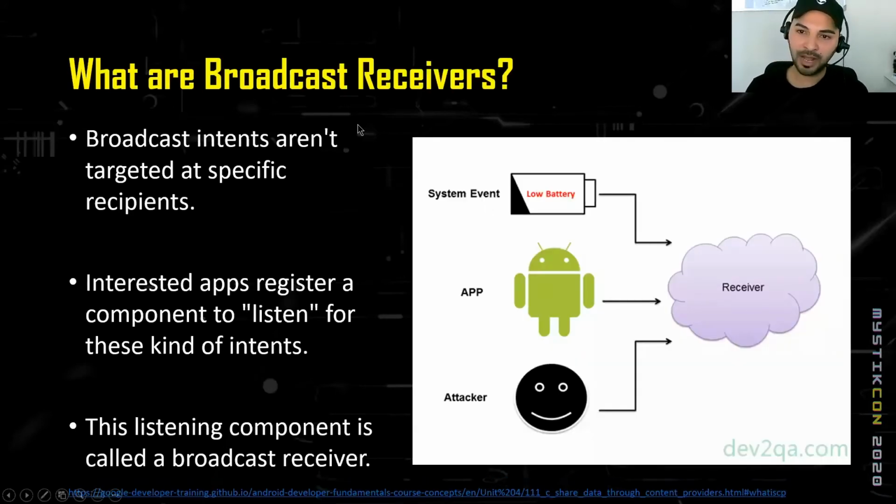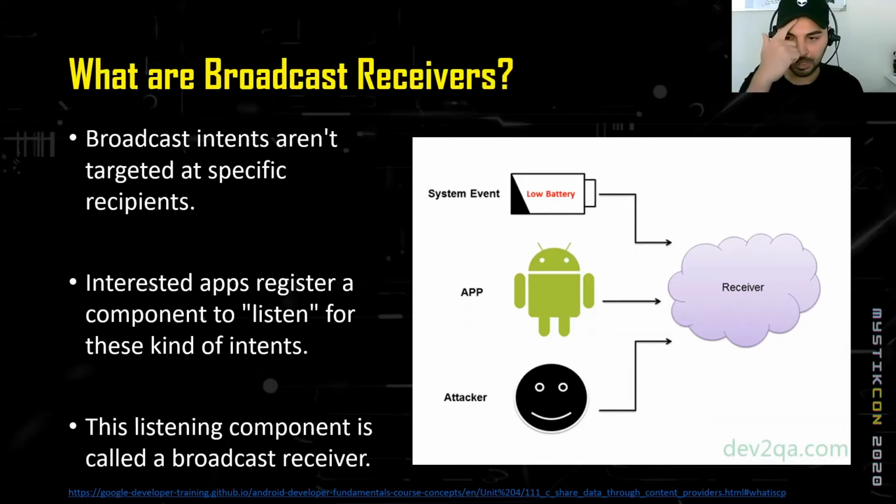Okay, broadcast receivers. You may have heard me talk about broadcast receivers as well. Broadcast receivers are like broadcast intents. It's not that your app would automatically sign up for broadcast receivers. As the name highlights, it's the things that your app has registered to listen for.